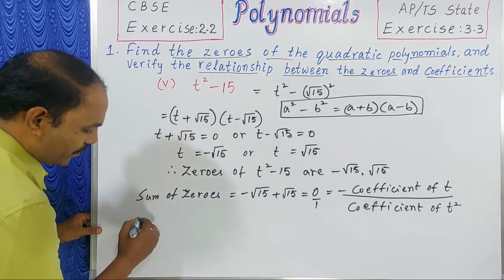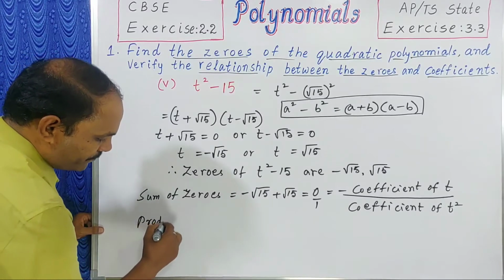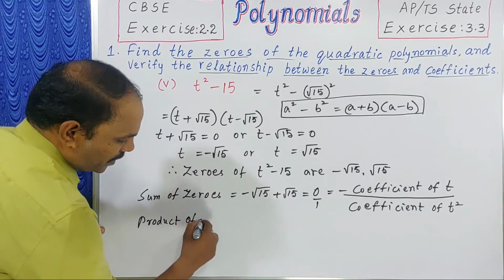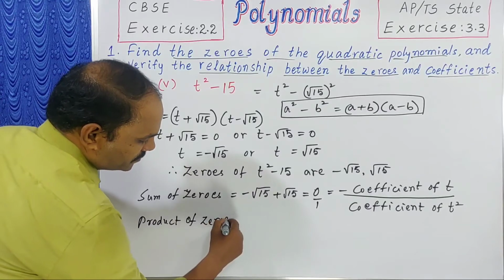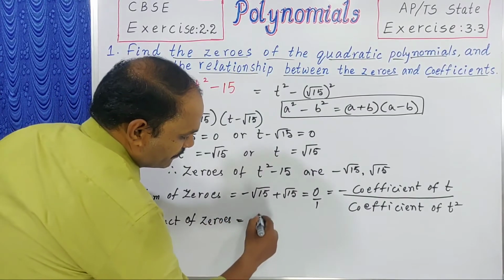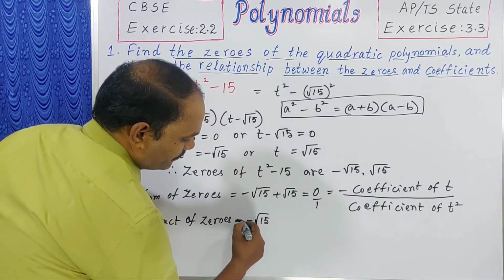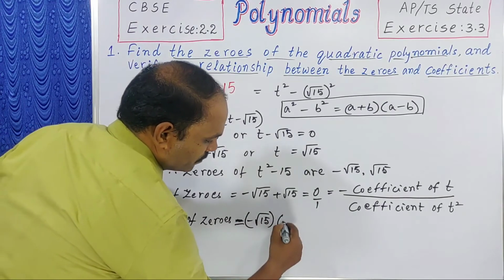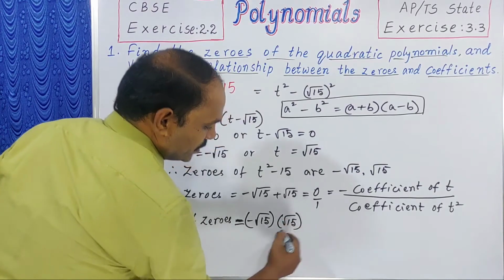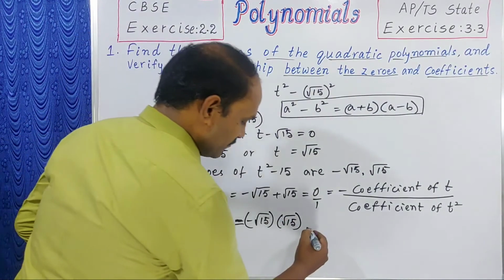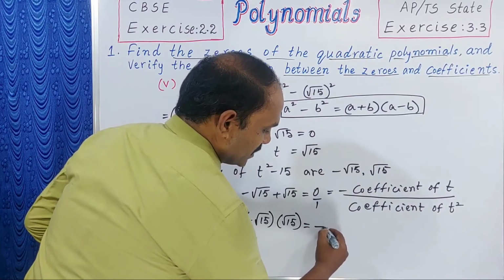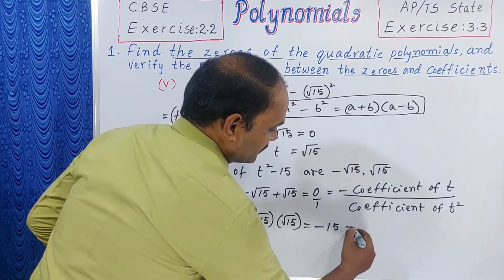Now the product of zeros, or product of roots, both are same. Root 15 into minus root 15: root 15 into root 15 is 15. Here minus is there, so minus 15.